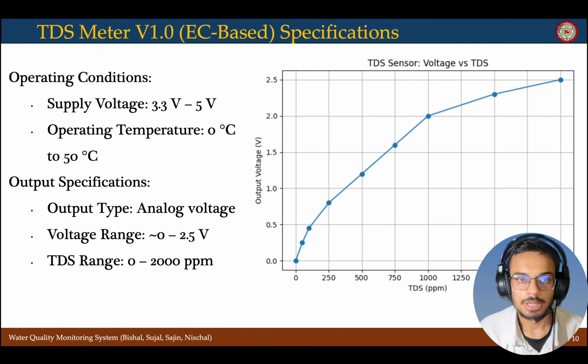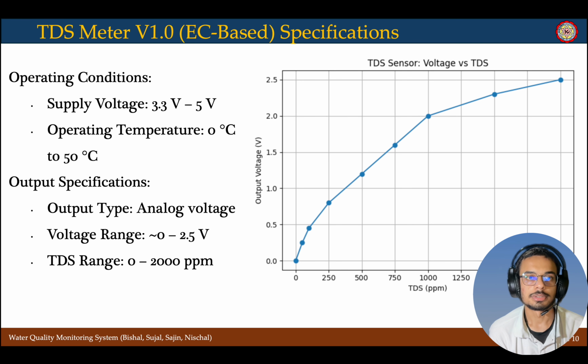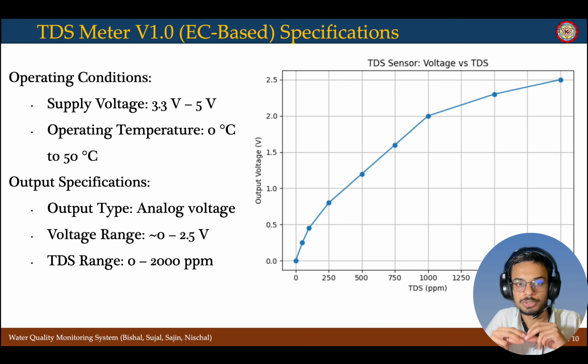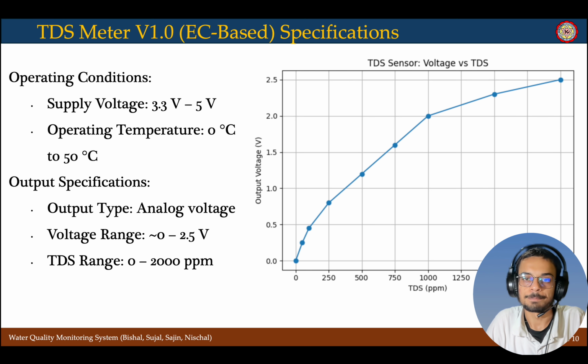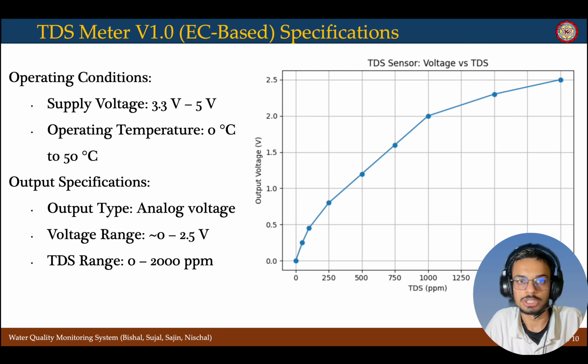TDS meter, because of the line there is a problem, so let's move on to the TDS meter version 1.0, EC based specifications. The working of the TDS meter includes two electrodes. In between there is a wire. If there is more ionic solids in the water, then there will be high conductivity.